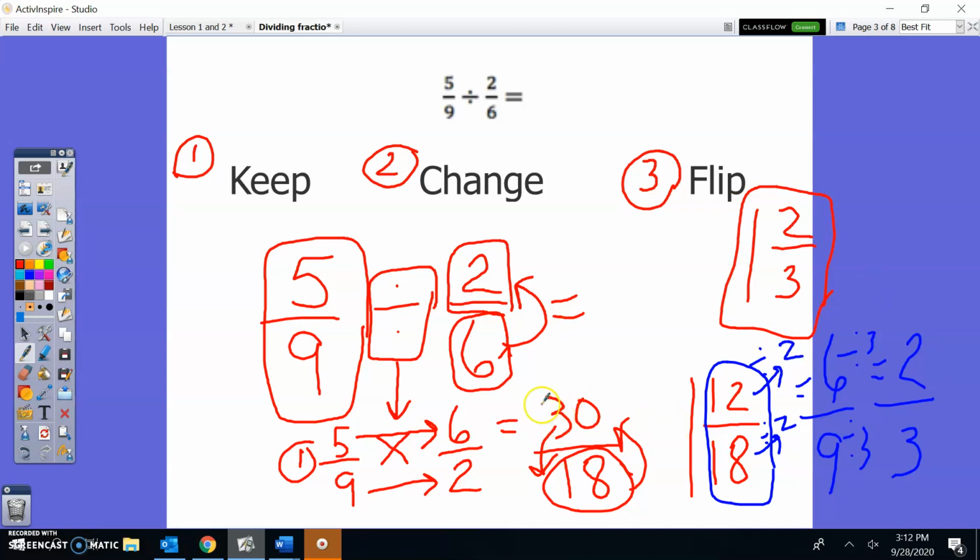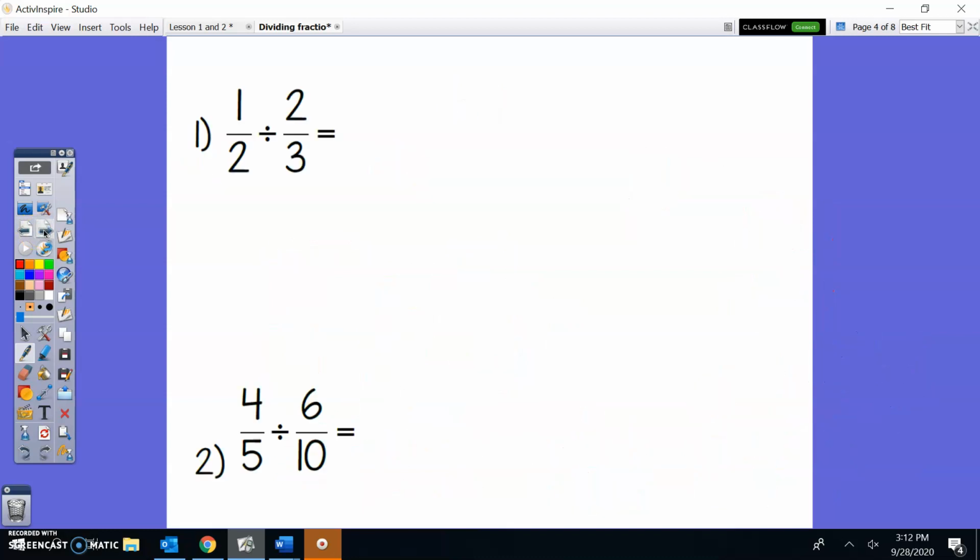So always make sure when you have an improper fraction, you want to convert that into a mixed number. For these next two questions, I would like you to try them on your own, with an Expo marker, or you can just use a scrap piece of paper and a pencil, whatever you'd like.